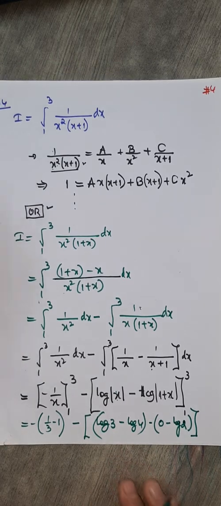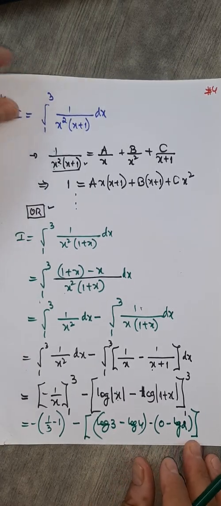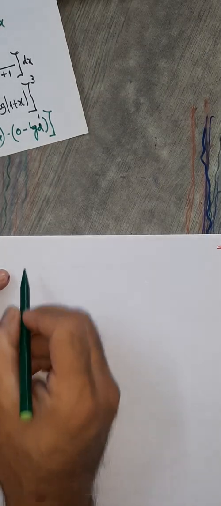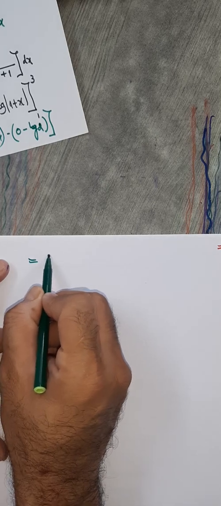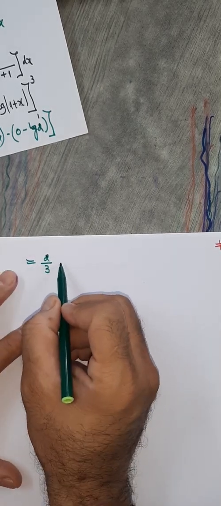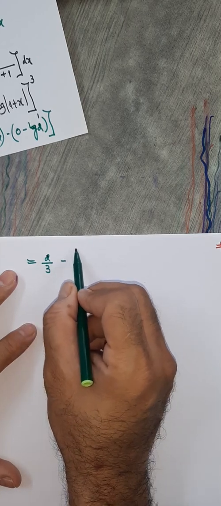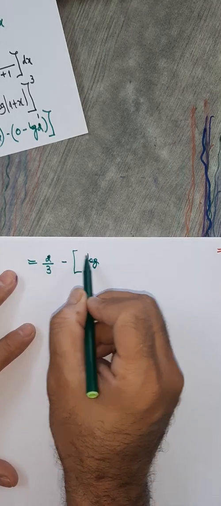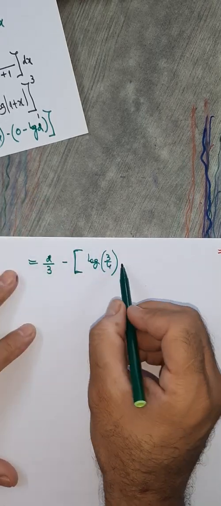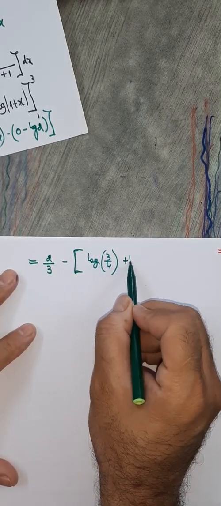So let's simplify further. The first expression is just 2 by 3, minus, what about this? This is log of 3 by 4, you know that subtraction becomes division, plus log 2.